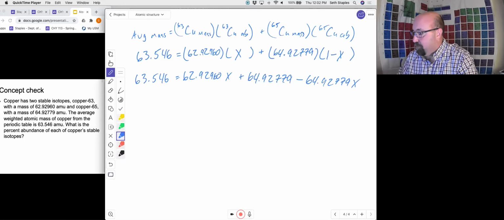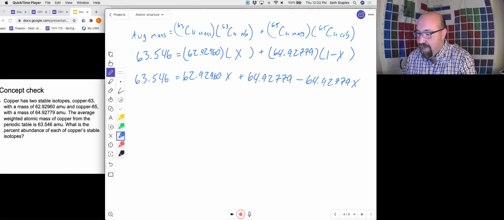And so now to simplify this, we're going to just subtract 64.92779 from both sides. And we're also just going to simplify our X value here. We'll subtract 62.92960X minus 64.92779X.